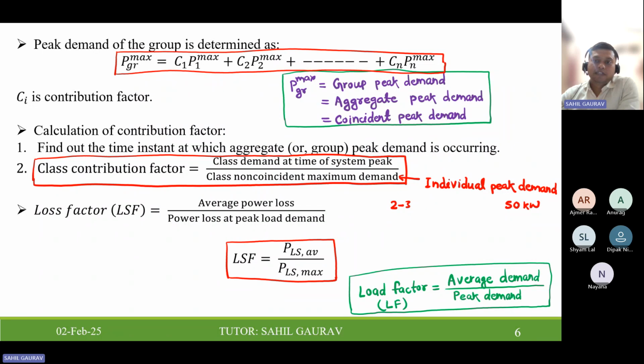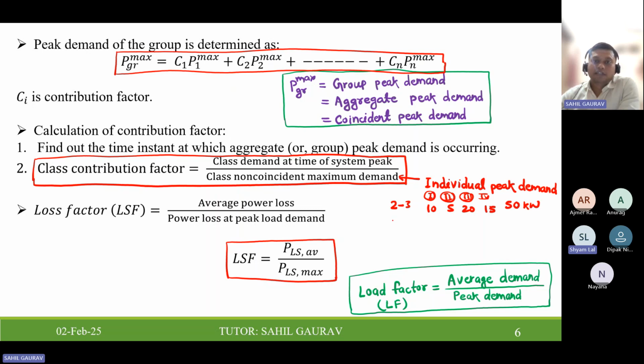And the individual peak demand is like 2, 3, 4 at that time instant. If you are having 4 classes, then you can write 10, 5, 20, and then 20, 30 plus 5, 35, and then it will be 15.